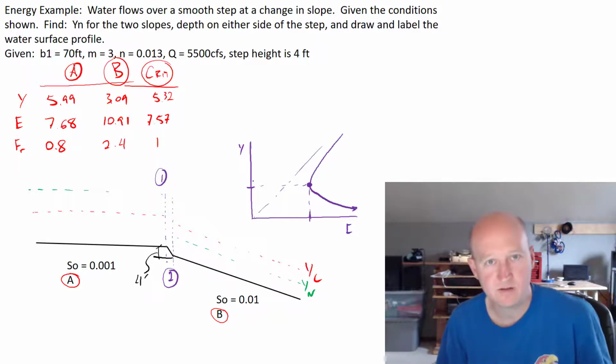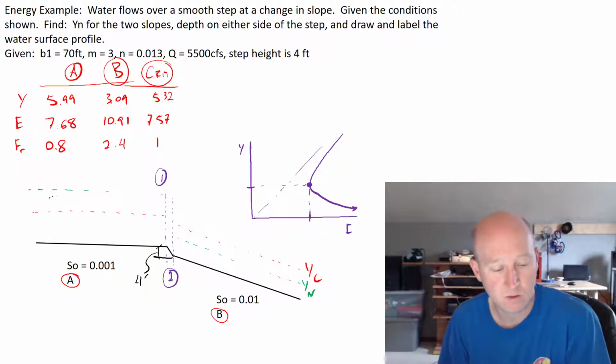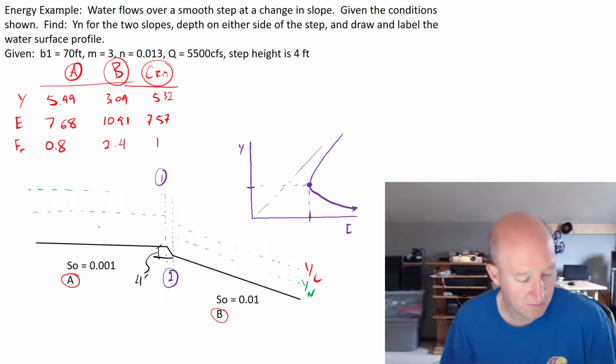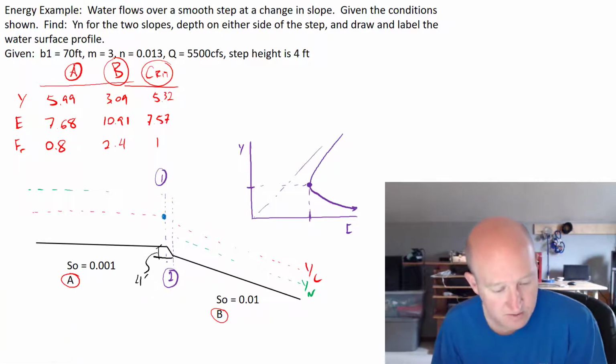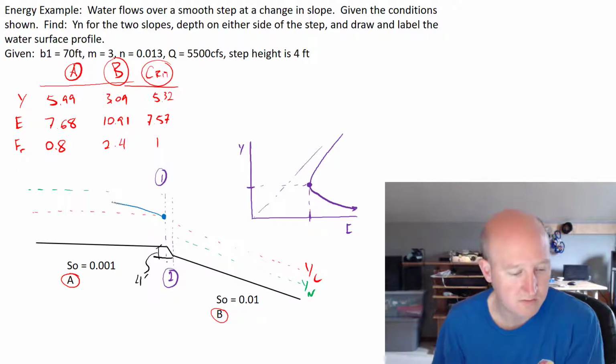And that kind of makes sense intuitively that this point where the break happens controls what's going on upstream. If we wanted to lower the depth upstream, we would need to move that change in slope farther upstream. So now we know that point, and we also know that this is going to be an M2 curve.